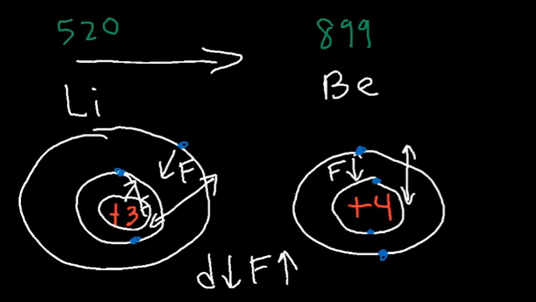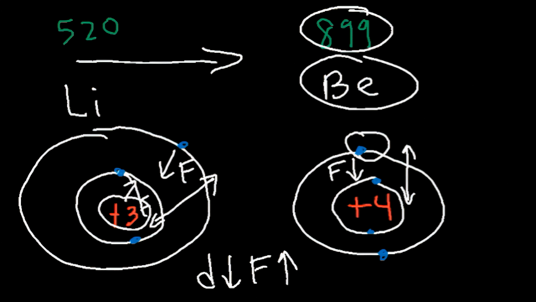So because beryllium is smaller, and plus the fact that it has a higher nuclear charge, beryllium holds on to that valence electron with a tighter grip than lithium. And so that's why it requires so much more energy to remove that valence electron in beryllium. It has to do with the increased nuclear charge and the smaller size. Both of those factors increase the ionization energy of Be.